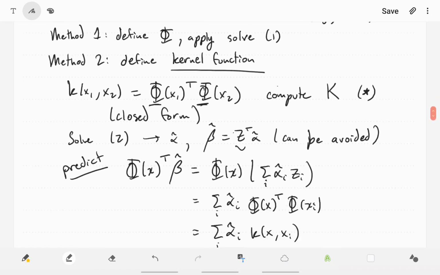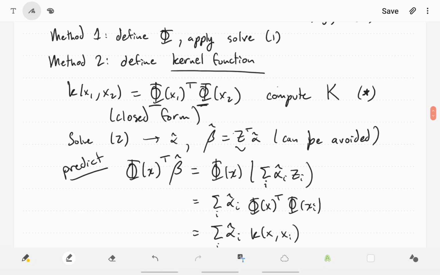Okay, so this can be a bit confusing. The basic idea is that there were two ways of going about creating nonlinear decision boundaries from linear ones. The first one was applying a high-dimensional embedding and then thinking about linear decision boundaries in that high-dimensional space.